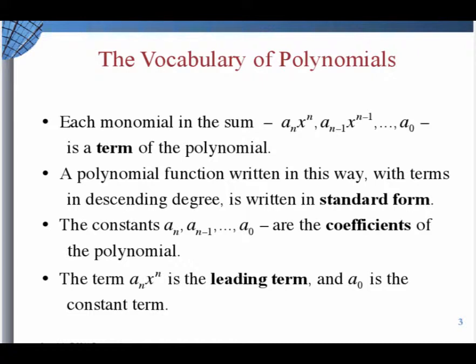The constants a sub n minus 1, and so on until a sub 0 are what we call the coefficients of the polynomial. The term a sub n x to the n is the leading term, and a sub 0 is the constant term. And you'll find that a sub 0 is the y-intercept of the graph of our polynomial function.